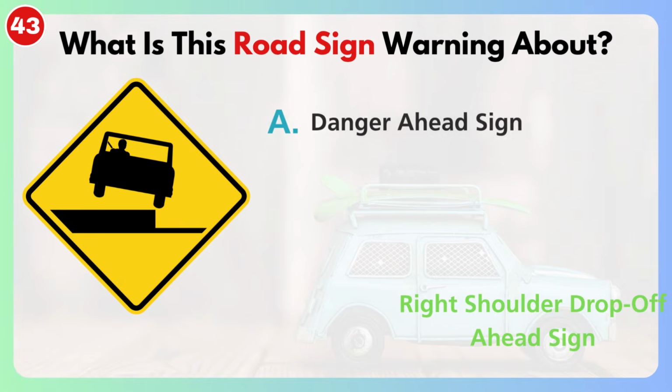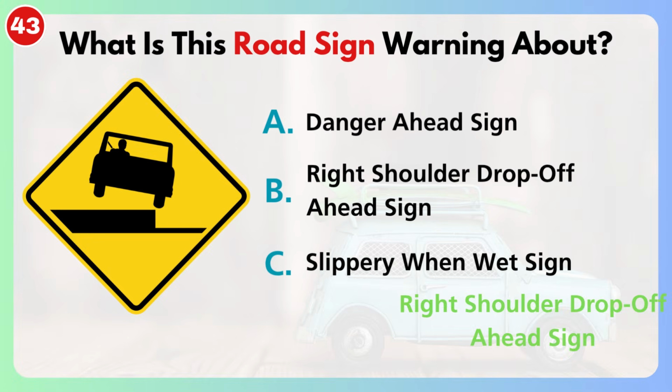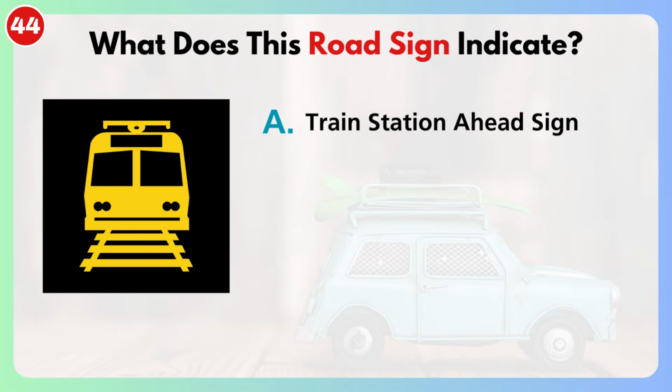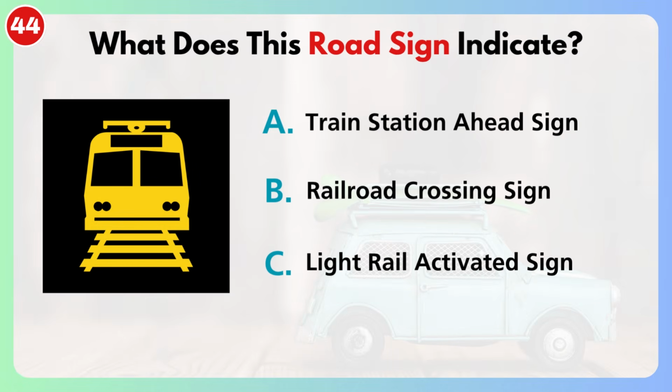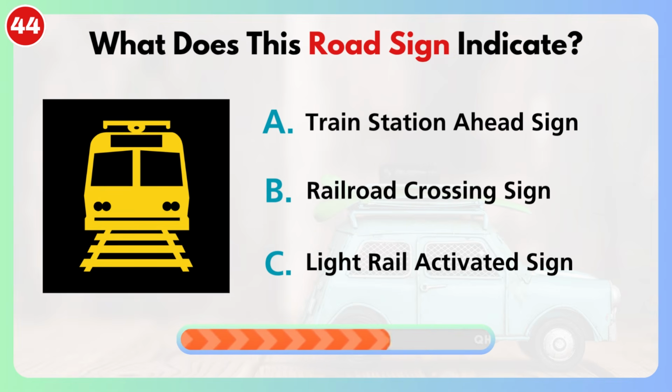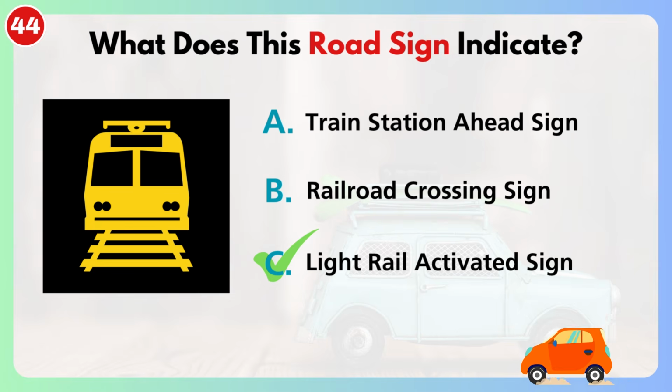What is this road sign warning about? Right shoulder drop off ahead sign. What does this road sign indicate? Light rail activated sign.